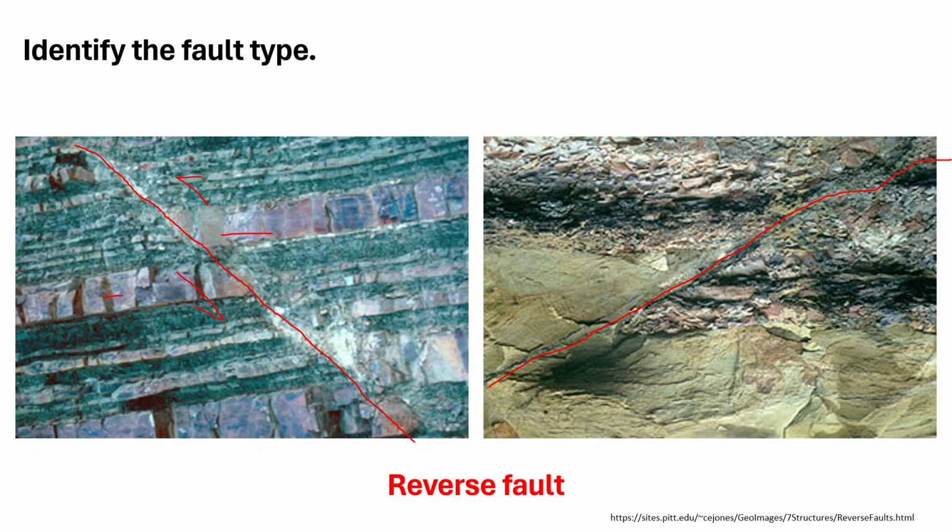This is the hanging wall, which is hanging on the foot wall. So this is the foot wall, and similarly in the other image also you can imagine. When the hanging wall moves up relative to the foot wall, which is very obvious over here, we call it the reverse fault, or the thrust fault if it is a low angle reverse fault.